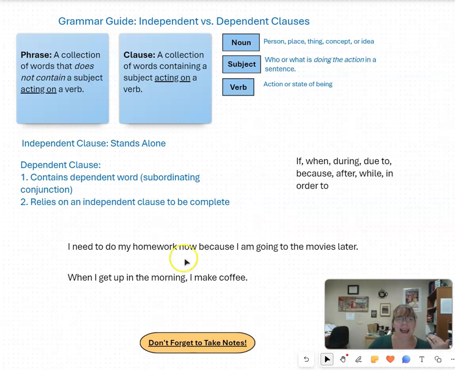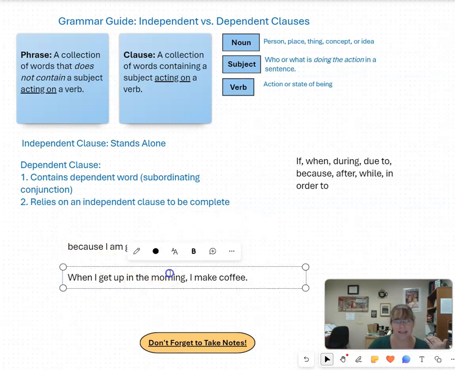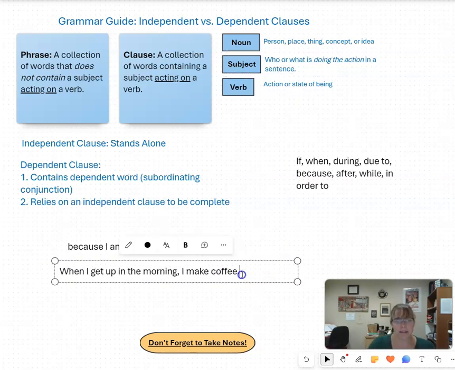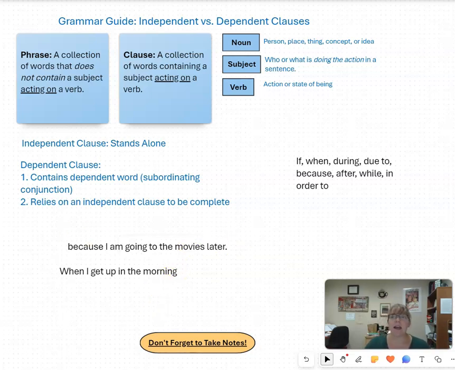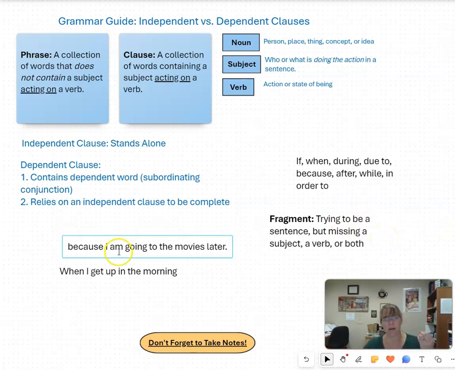If we don't have that, if the audience only gets this information right here, then they're getting sentence fragments. Now, this is the part that sounds really funny because we're like, they have a subject, they have a verb.